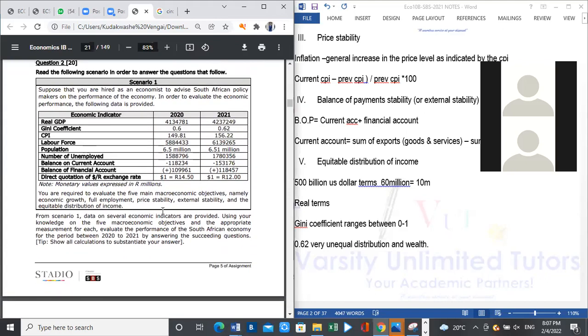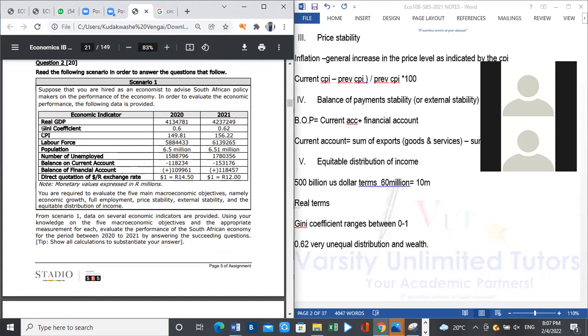Question 2 says: read the following scenario in order to answer the questions that follow. Scenario 1: suppose that you are hired as an economist to advise the South African policymakers on the performance of the economy. In order to evaluate the economic performance, the following data is provided. Then we have the data, economic indicator 2020, 2021.